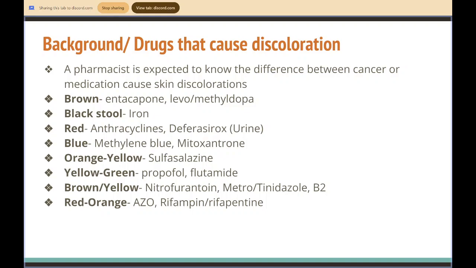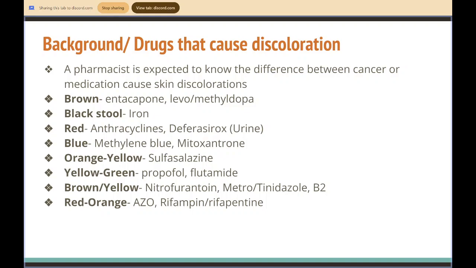Why the name is different is beyond me, but know that it is an anthracycline, but it does cause secretions to turn blue instead of red. Orange yellow, sulfasalazine; yellow green, propofol or flutamide; brown yellow, we have nitrofurantoin, metronidazole, tinidazole, and B2, the vitamin.